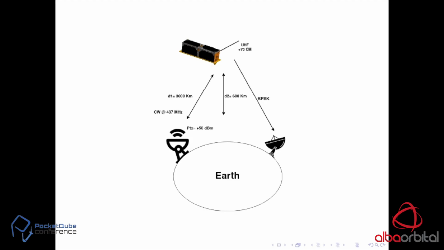So, as we know, with the satellite trajectory, the distance between the ground stations and the satellite is not fixed. At zero elevation angle on the horizon, the communication distance reaches about 3,000 kilometers.